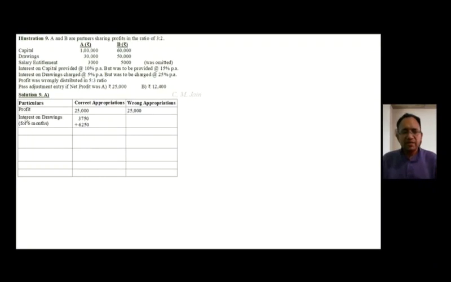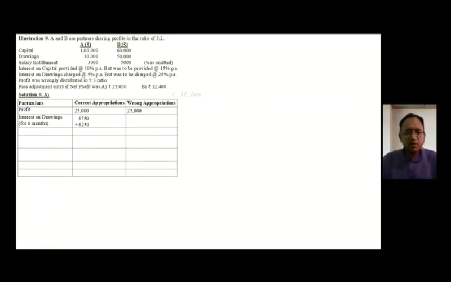Now, why are we writing interest on drawings after profit? Because if you visualize a profit and loss appropriation account, on the credit side, we generally have these two things, profit and interest on drawings. So we are writing interest on drawings after profit to see how much total amount we have available for distribution.